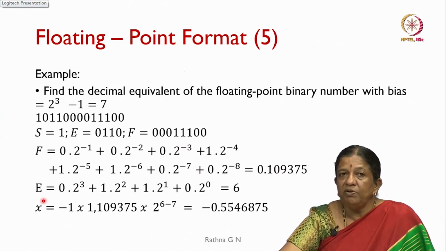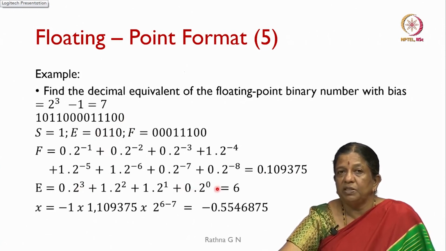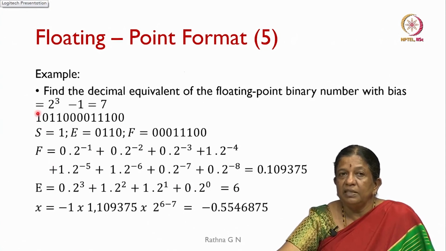And then, experiment, we will see 0 into 2 power 3, and then 1 into 2 power 2, and then 1 into 2 power 1 and 0 into 2 power 0, which is equivalent to 6. So, when I put it in its format, we know that sign is 1.